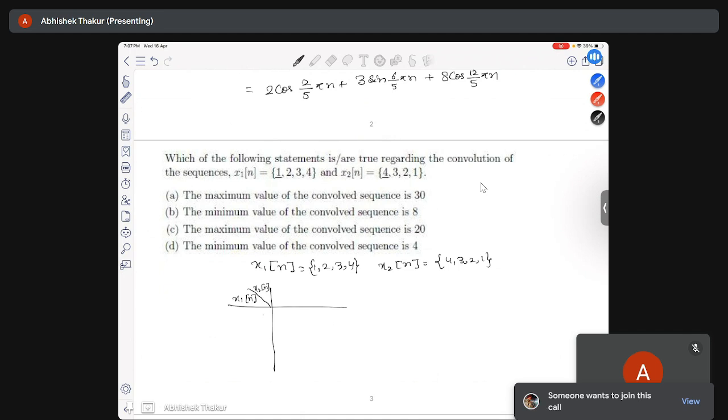So this will be 1, 2, 3, 4, and this side is 4, 3, 2, 1. The products will be 4, 3, 2, 1, 8, 6, 4, 2, 12, 9, 6, 3, 16, 12, 8, 4.